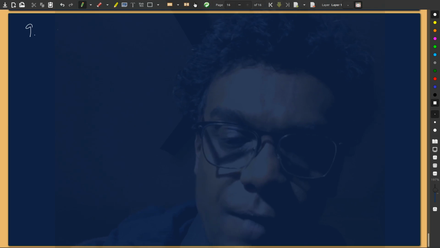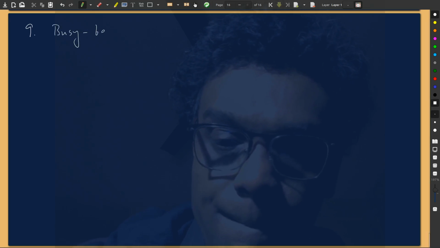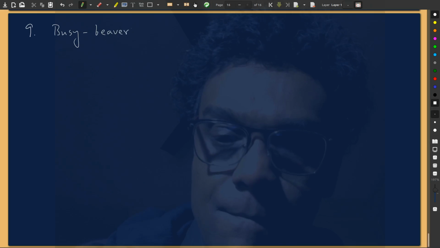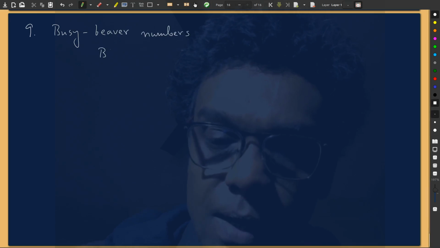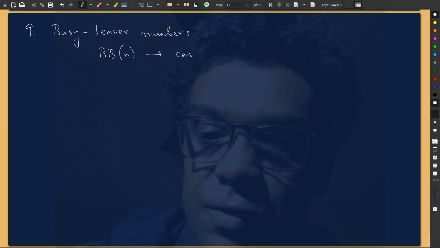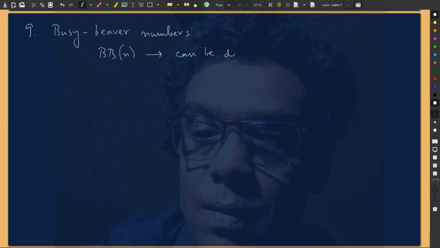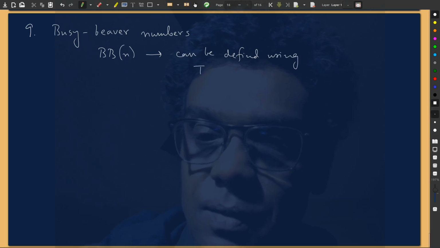I cannot define this for the moment, but this can be defined using Turing machines.